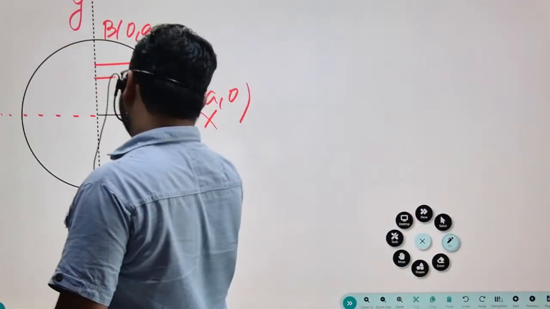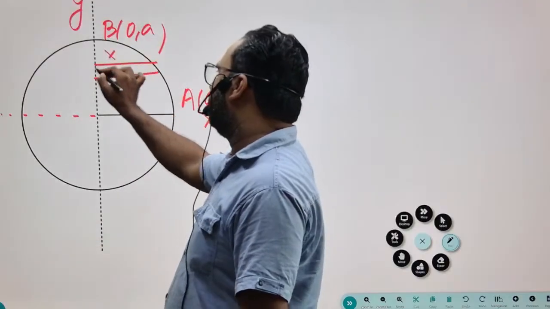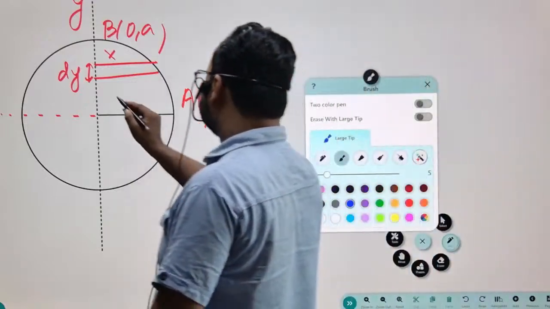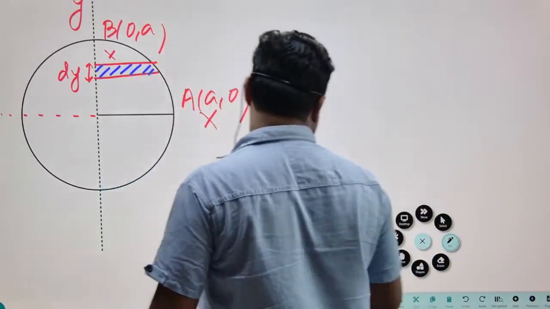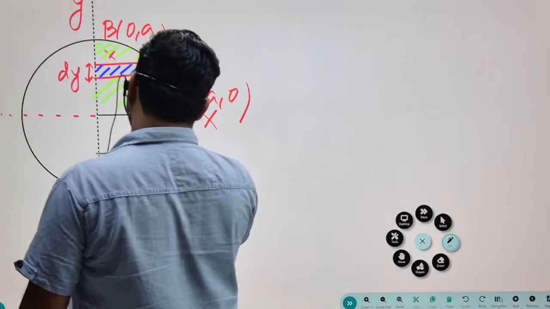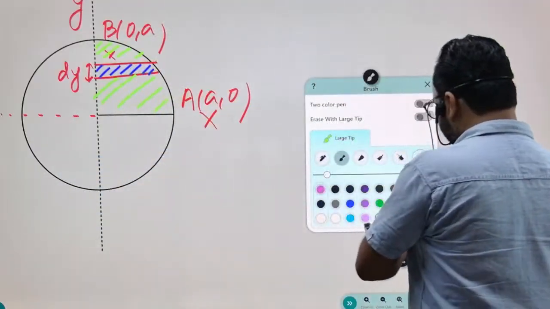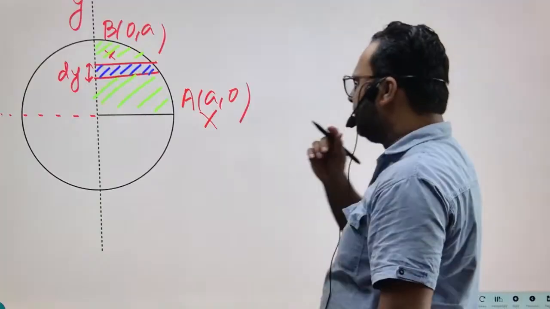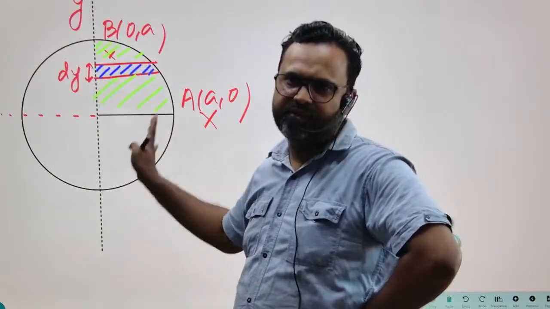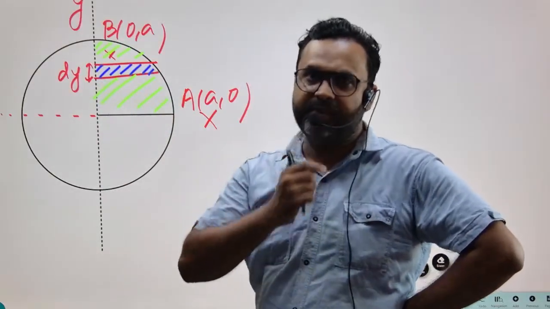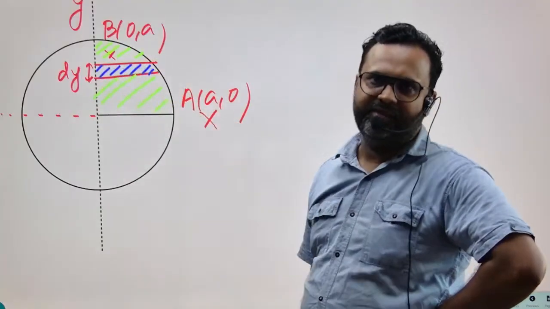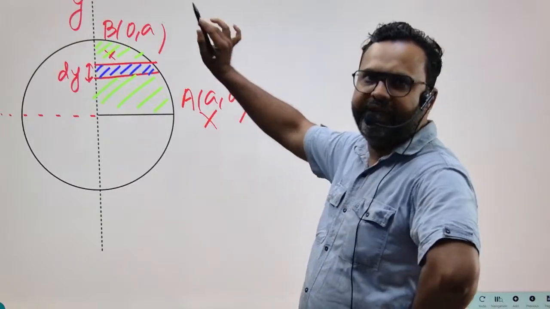If I consider this strip as x and this width as dy, we need to find the area of this entire circle. What is the basic concept? We need to find the area of the first quadrant, and we can multiply it to get the area of the full circle. So we assume a strip whose length is x and the width is dy. Clear?